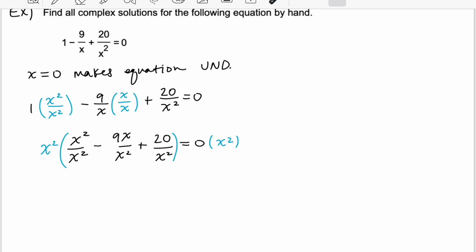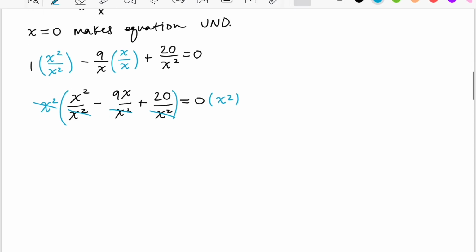And again, since this x squared is going to be multiplying to each term here, it's canceling out all of these guys. Then on the right-hand side, we know that anything times 0 is 0, so we just keep 0 on the right-hand side of our equation. So we get x squared minus 9x plus 20 is equal to 0, right?